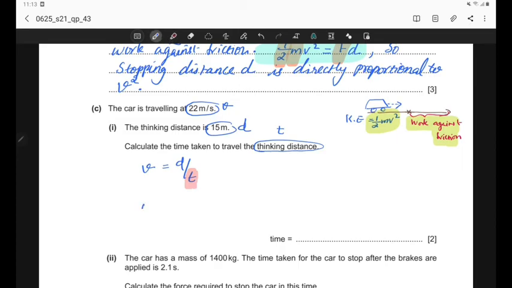So we will get time is equal to distance over speed, where the distance is 15 meter over speed is 22 meter per second, and the answer is 0.68 seconds. So 0.68 second is the correct answer.